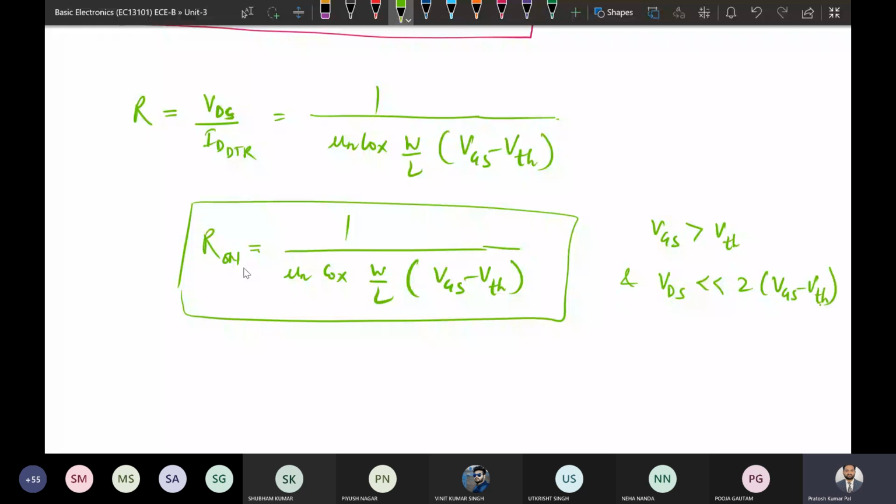Its equivalent circuit we have already seen: a resistance R on with a controlling gate, and that resistance depends on the gate to source voltage.